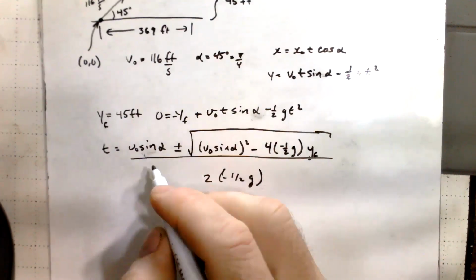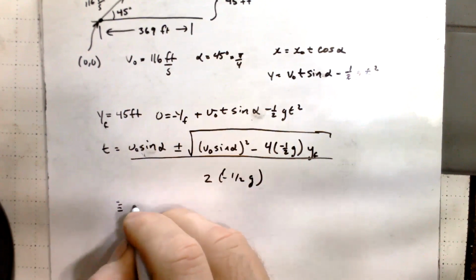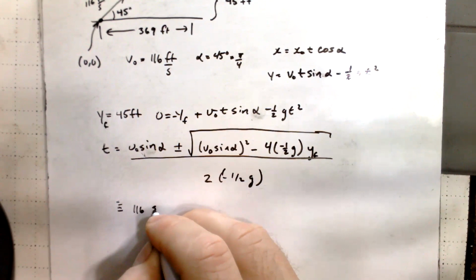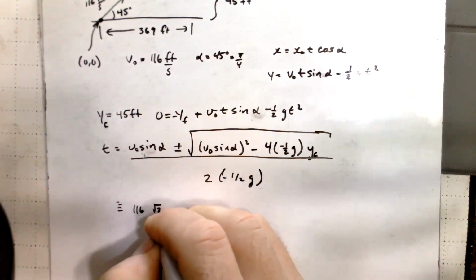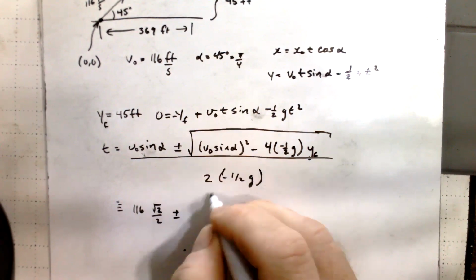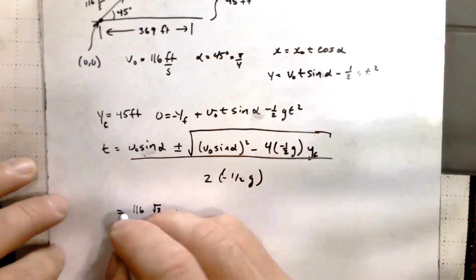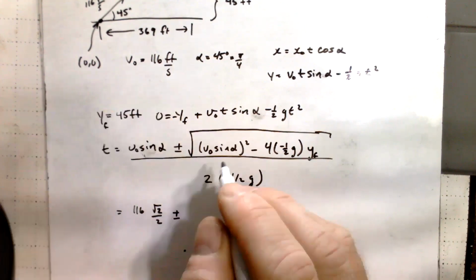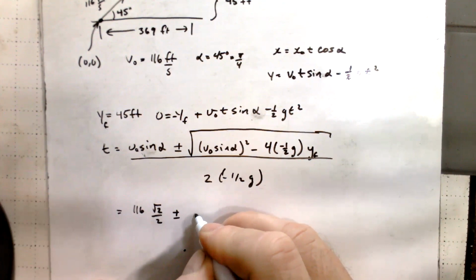This is a point where numbers are probably easier, so I'll plug in the numbers. So v naught is 116. Sine of alpha, or sine of 45 degrees, is square root of 2 over 2, plus or minus. The negative that's down here will affect the negative here, and we'll just switch those as plus minus. So you can choose to do that as you wish.